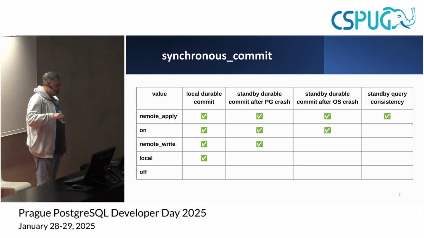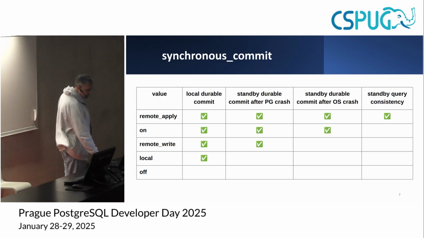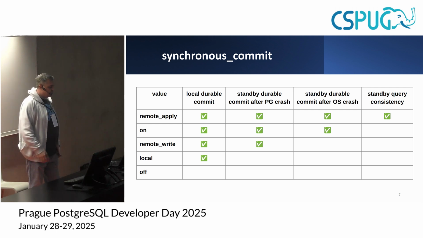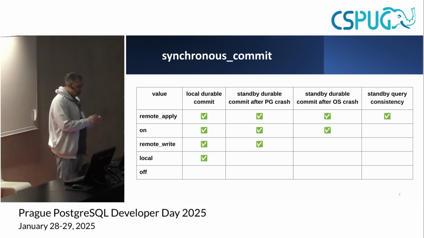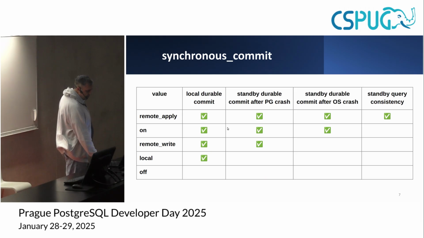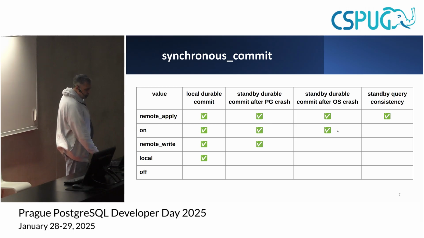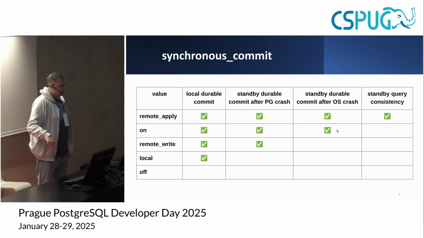The synchronous commit levels which are important for this presentation start when the value of synchronous_commit is remote_write or higher. By default, synchronous_commit is set to on, which means that it is durable on the primary node, and at the same time it is sent to a standby node and also durably written to storage on the standby node.